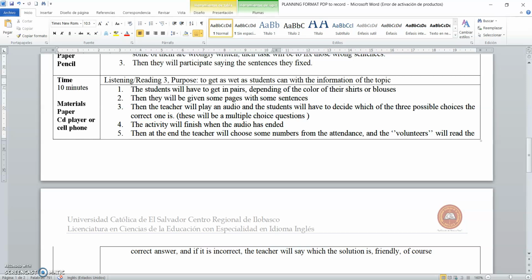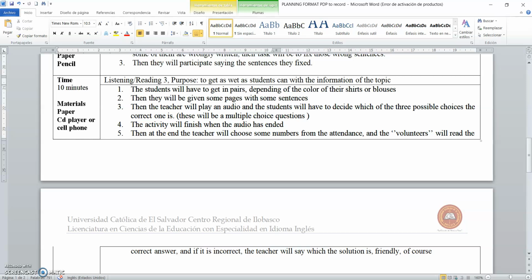So the instructions, I'm sorry, I always forget to say the instructions. Okay, the first step, the students will have to get in pairs depending on the color of their shirts or blouses. Then they will be given some pages with some sentences. Then the teacher will play an audio and the students will have to decide which of the 3 possible choices is the correct one.